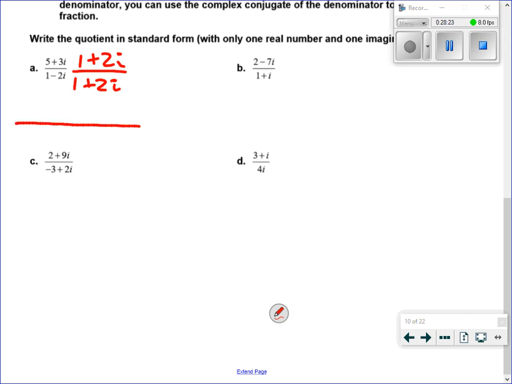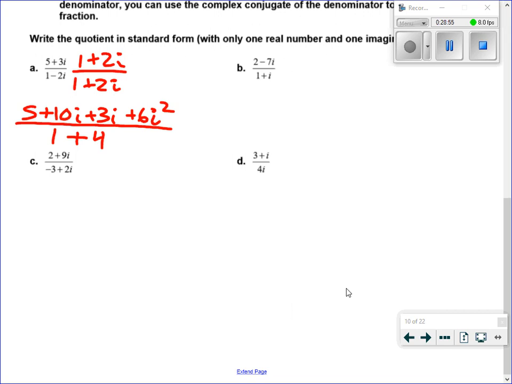So let's multiply through, see what happens. So thinking about our numerator, foiling through, we've got 5 plus 10i plus 3i plus 6i squared. Thinking about our denominator, that a squared plus b squared. Our a squared would become 1. Our b squared would become 4. So let's keep simplifying.